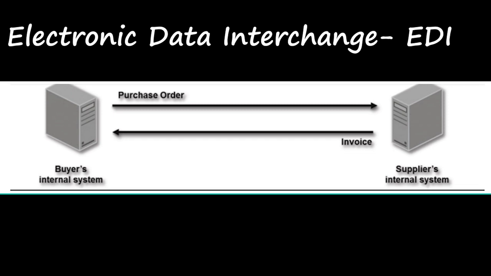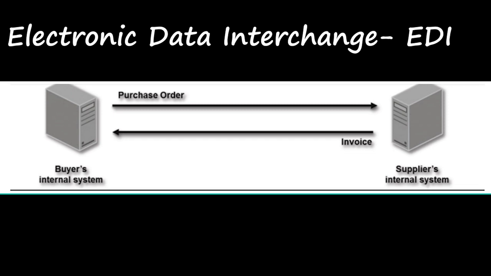In 1977, a group of supermarket companies and their business partners began drafting and using the EDI project. Here in 1977 only, a group of supermarket companies came together, and their business partners began to draft, and they started using this EDI project, right?